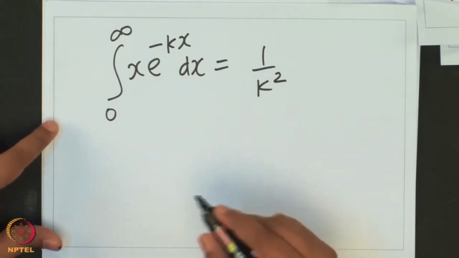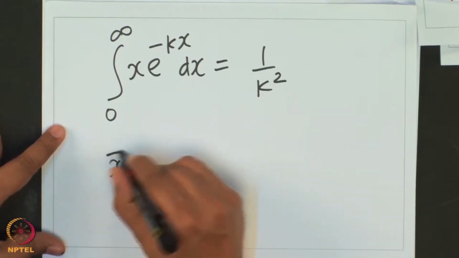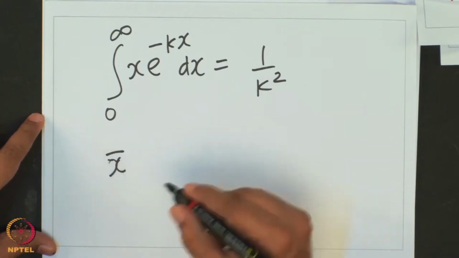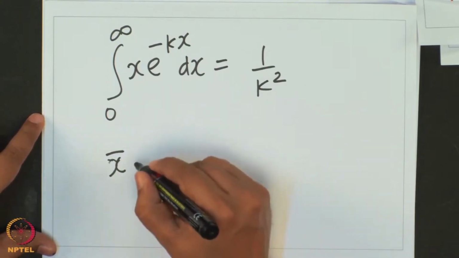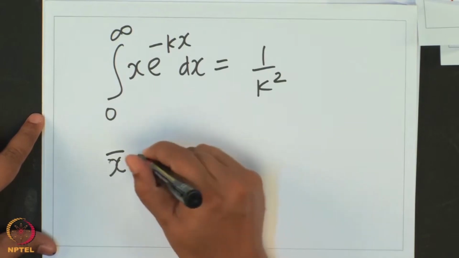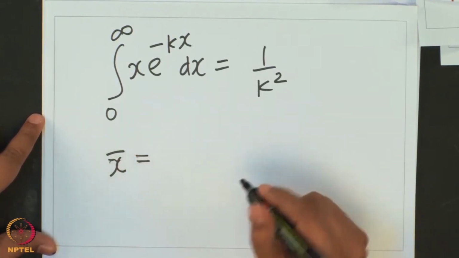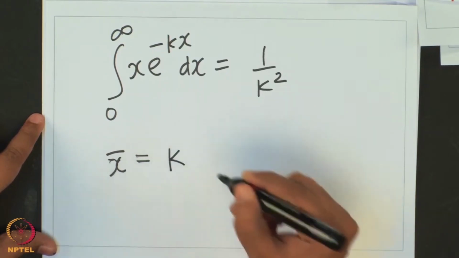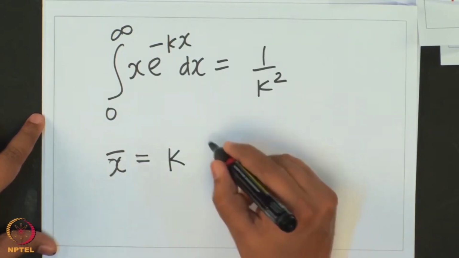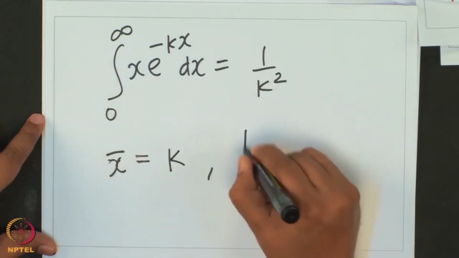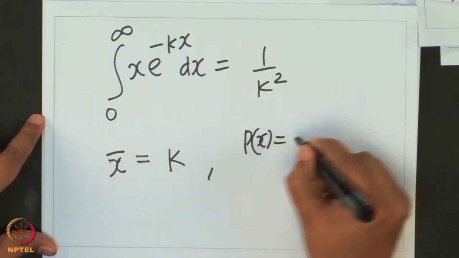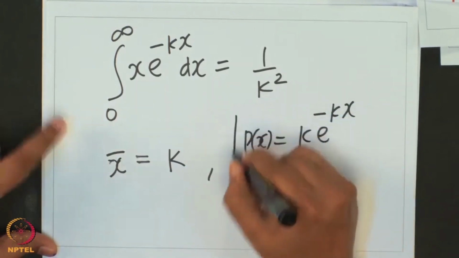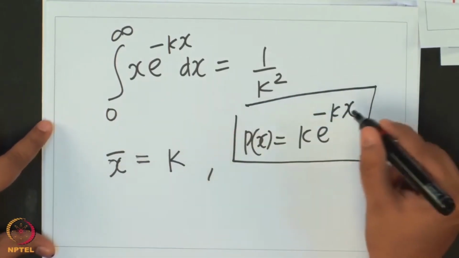And the x bar, those who have learned statistics might have learned this: the mean for an exponential distribution is basically going to be 1 by k, and this is because here the p of x has k e power minus kx. This is the formula for the probability distribution for an exponential distribution.